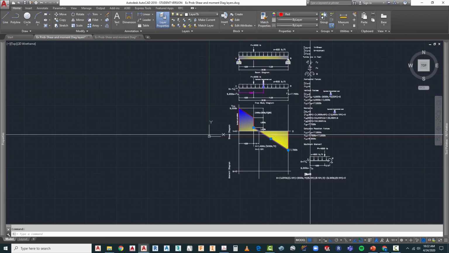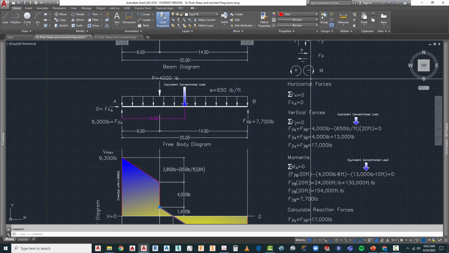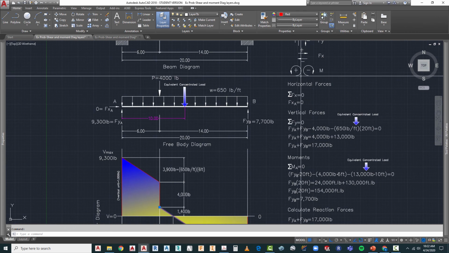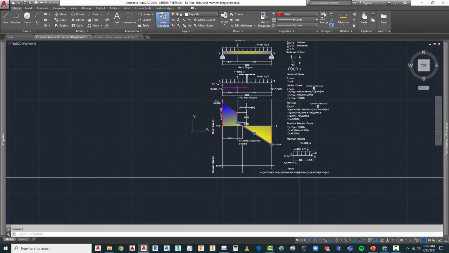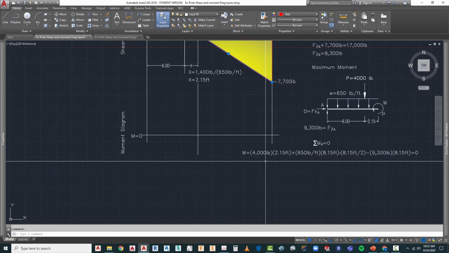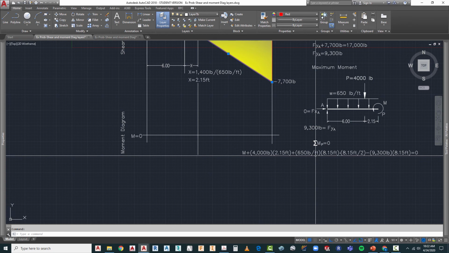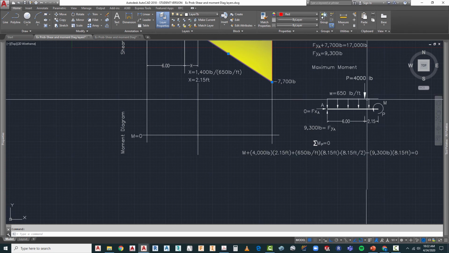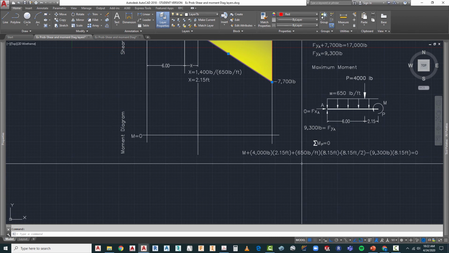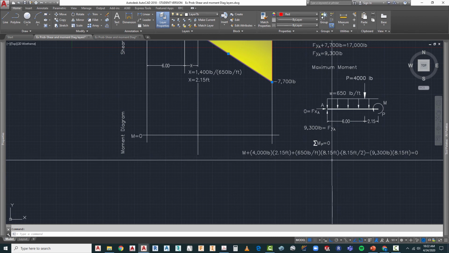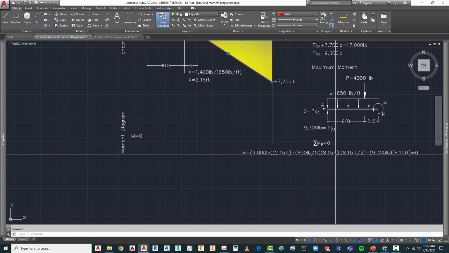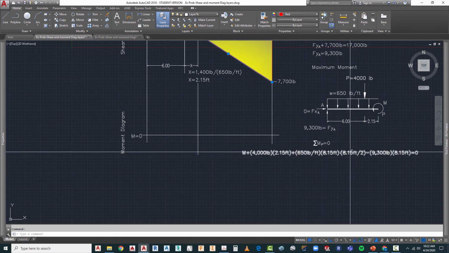Okay, and if we recall up in here, our counterclockwise motion is a positive. So this value here is a positive value, plus the 600 pounds per foot times the full distance here. So that value will be our value for that distance in there, times the distance in here.